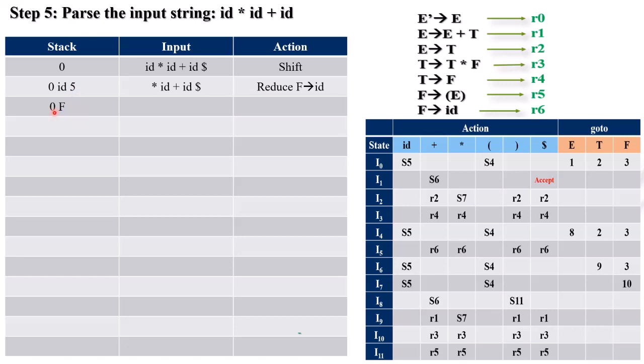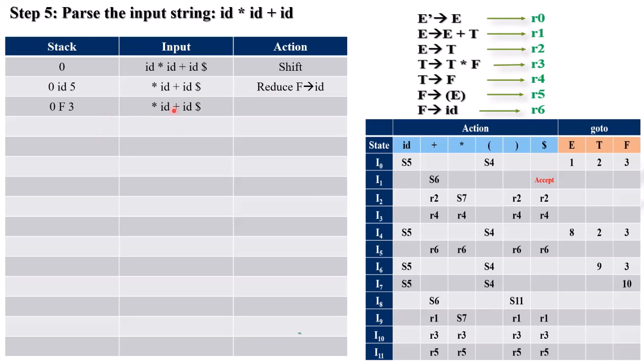We check 0 and F. What is 0 and F? 0 and F is 3, so I write 3 here. This is most important. When I reduce F tends to id, I simply get 0 and F, and this 3 comes from the parsing table, I0 and F, which is 3. So I write 3 here. And what is the remaining part in the input?